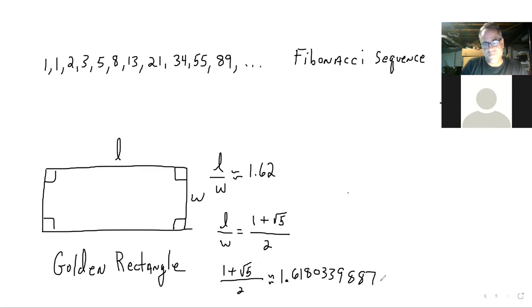It's irrational. So in decimal form, it goes on and on forever. So if I round to the hundredths place, it would approximately be 1.62. Again, golden rectangle, length divided by width is this, and the exact value is this. All right. So what is the connection? As I say, there is a direct connection between this sequence we call the Fibonacci sequence and this thing we call the golden rectangle.